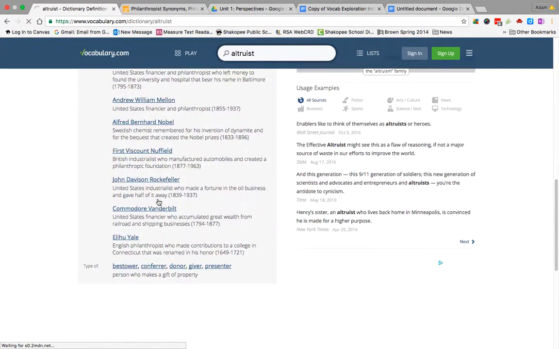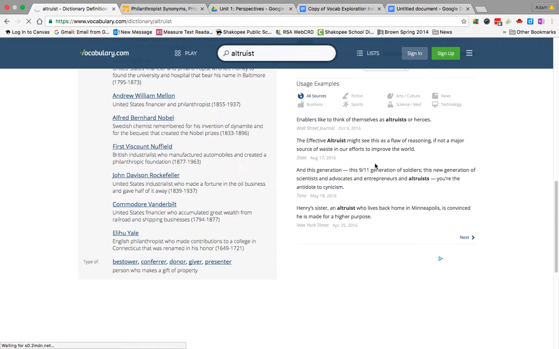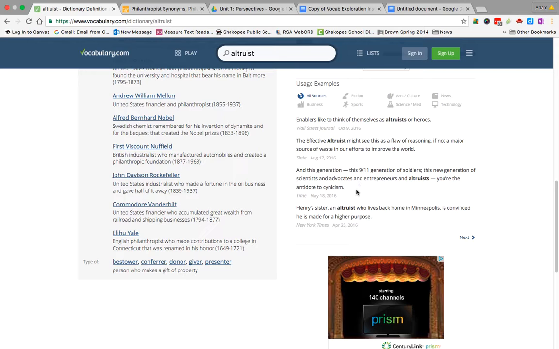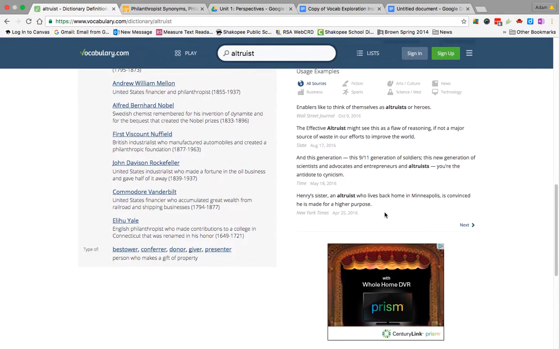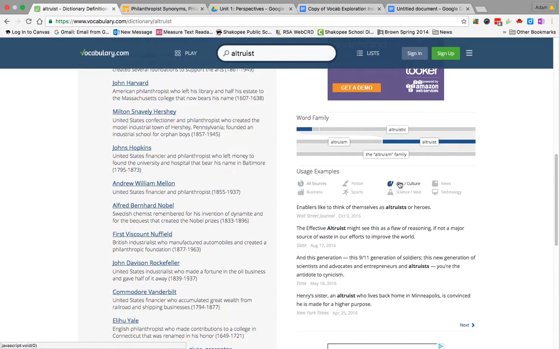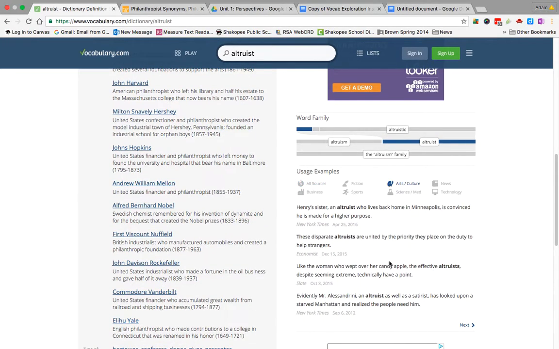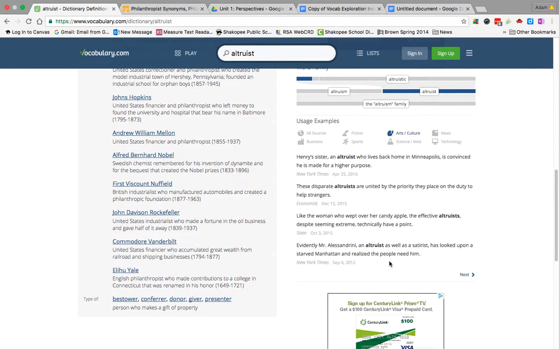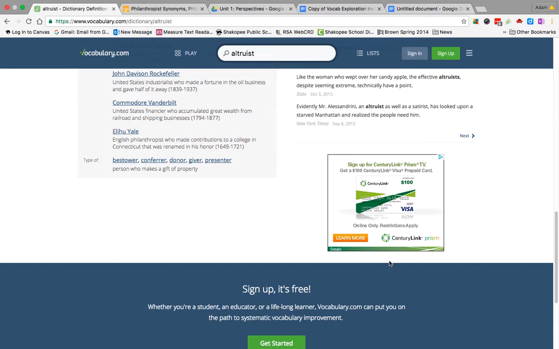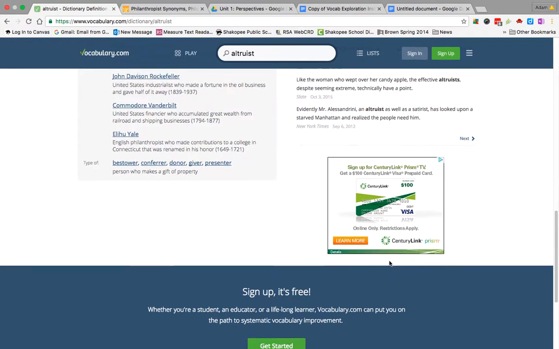Effective altruist might see this as a flaw. Henry's sister, an altruist who lives, is convinced he was made for a higher purpose. These disparate altruists are united by the priority placed on duty to help strangers.